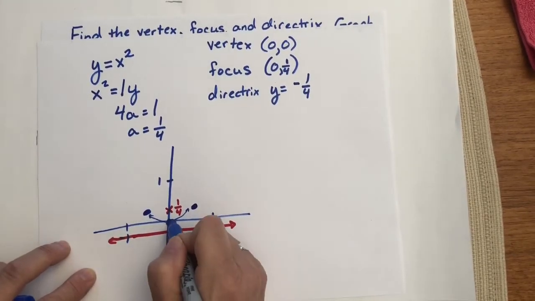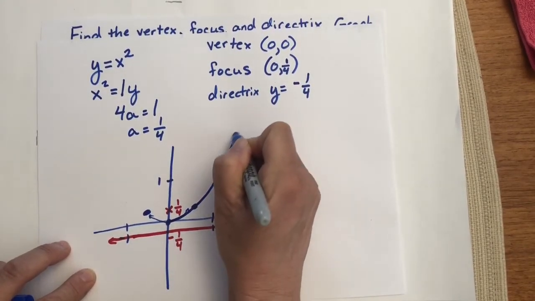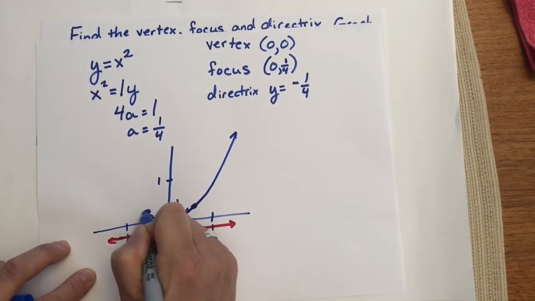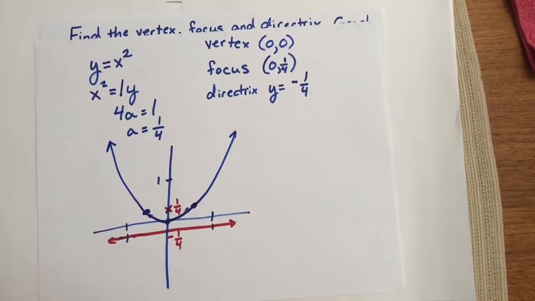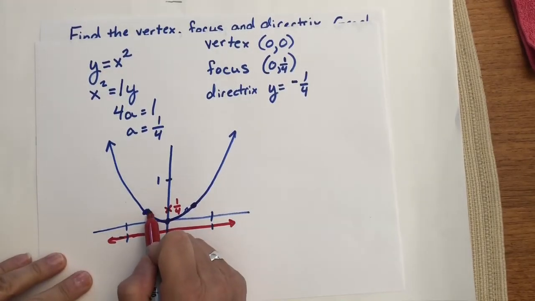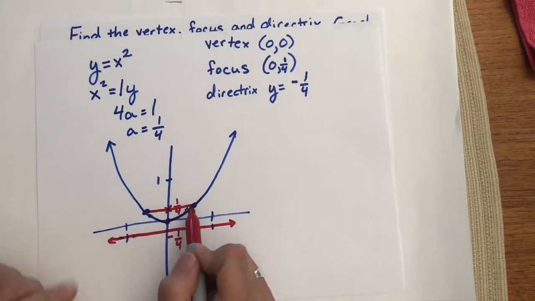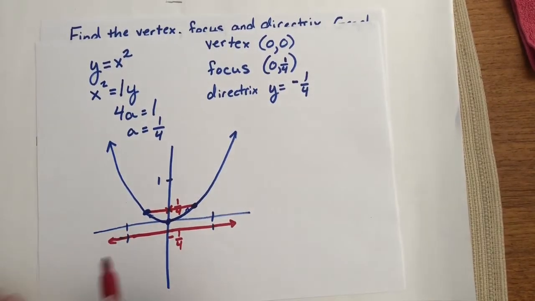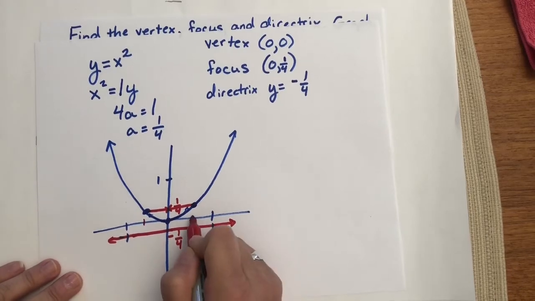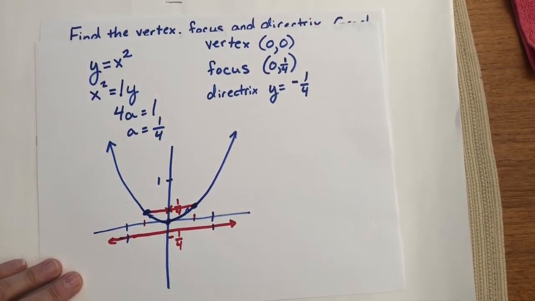And now I know my parabola looks something like this. So again, this latus rectum right here is this segment. Again, its length is called the focal diameter. But we know this length is 1, from -1/2 here to +1/2 here. Let's do another one.